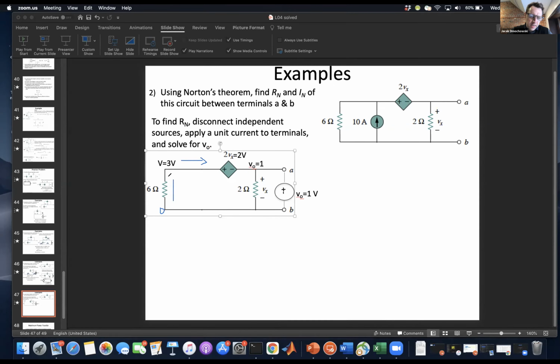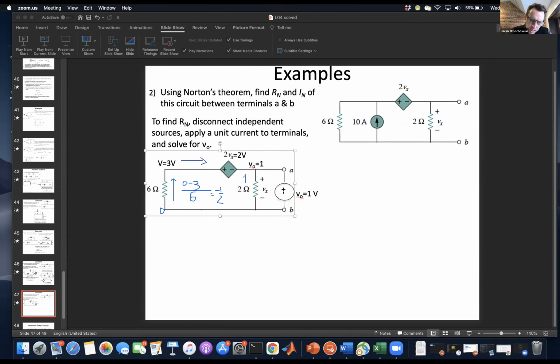So this current here is 0 minus 3 over 6, which is equal to negative a half. Okay, so there's negative a half amperes flowing from left to right.